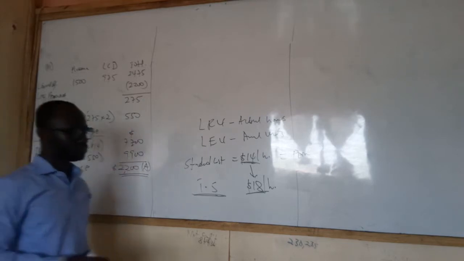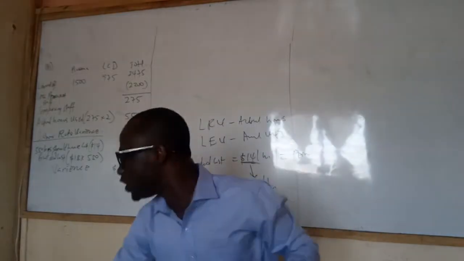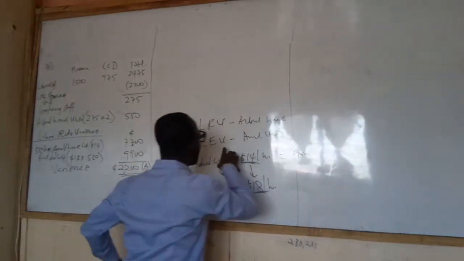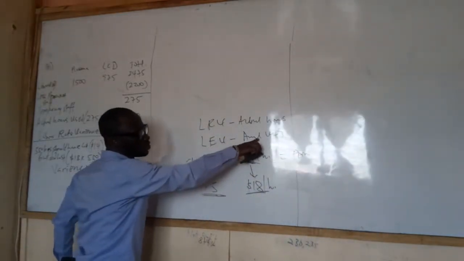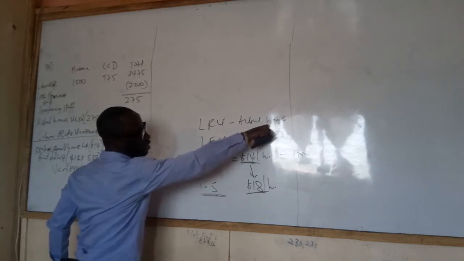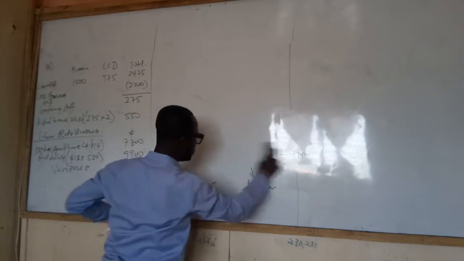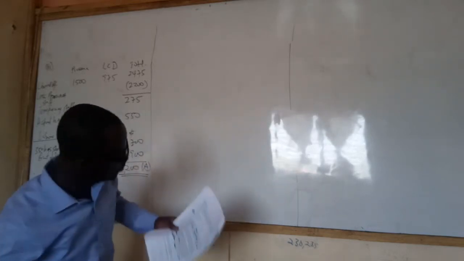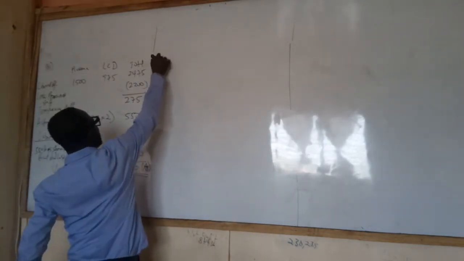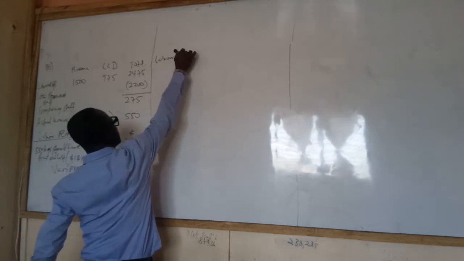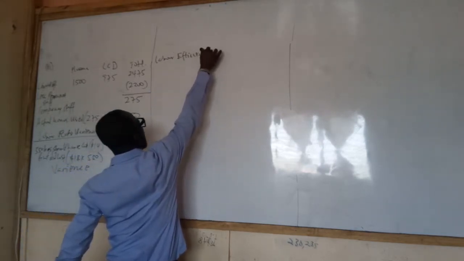There you go. Then efficiency variance. We said efficiency variance is based on the actual unit. In this case, so let's go. We'll do that. Labor efficiency variance.